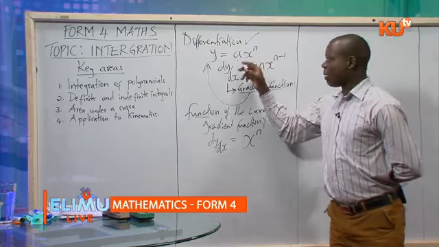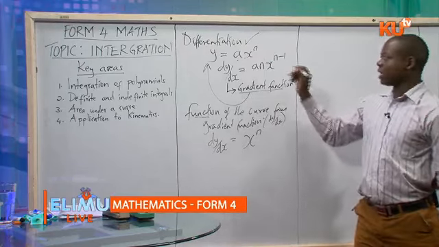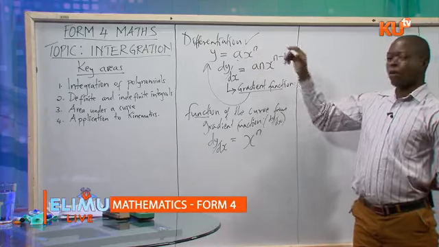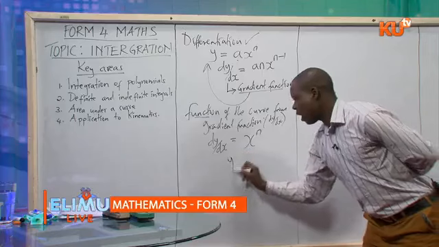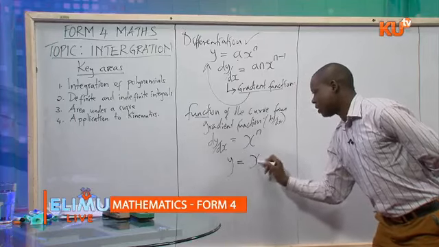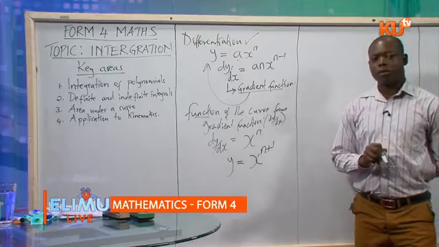Now this process becomes the last process in integration. And so what we do first is the last stage here, where we subtract 1. The opposite of subtraction is we add 1. So it becomes x^(n+1).